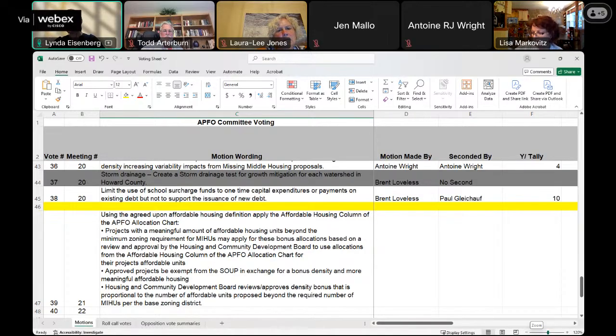So basically we are recommending that the column be used in accordance with how the Affordable Housing Working Group recommended it be used. So that is the proposed motion. It's a little complex, but that's just a starting point for you all to discuss on how to use this.